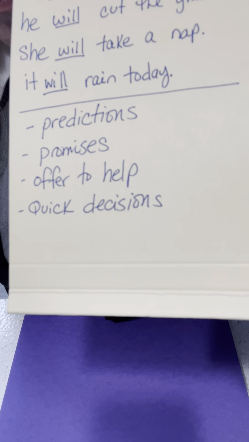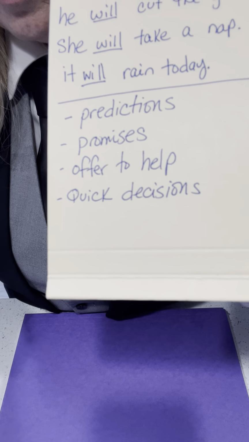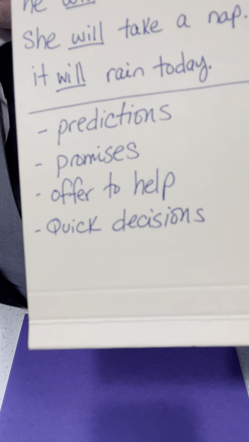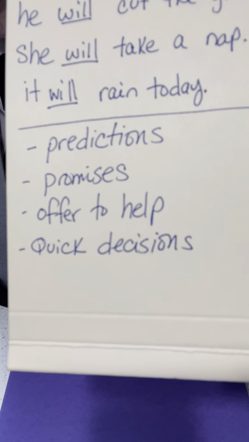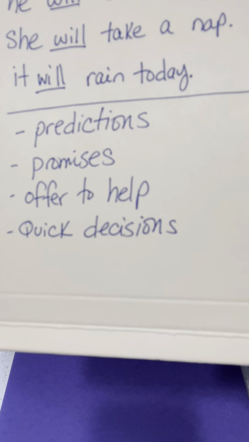Another time when you would use will. Now, this one right here, quick decisions. If you don't have something planned, or if you decide something, maybe even as you're speaking, you would use will. Let me give you an example.